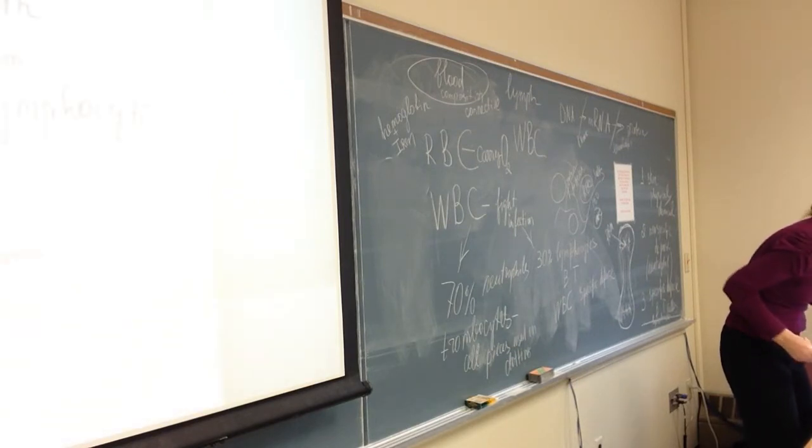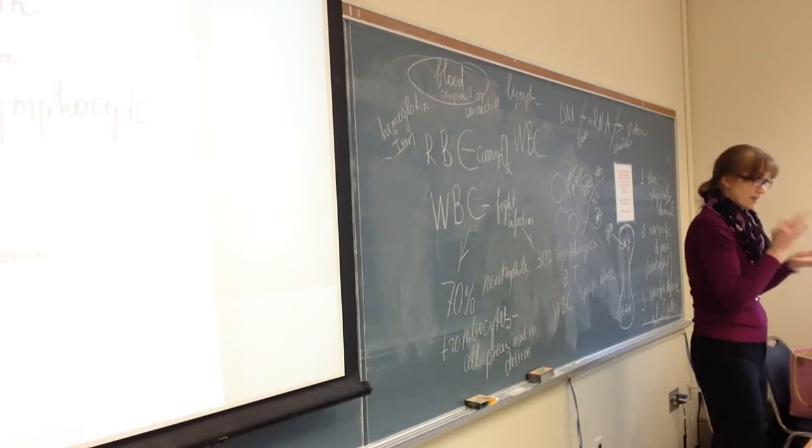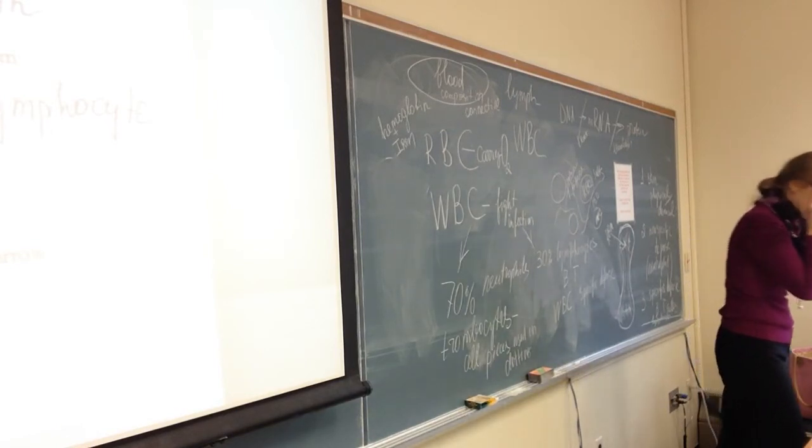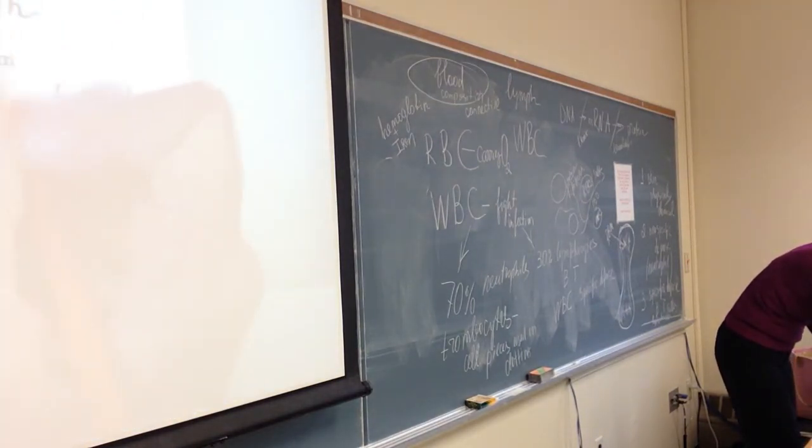So platelets are thrombocytes. The word thrombos, like block, clot something. Next one, neutrophil. Okay, let's skip neutrophil for now.